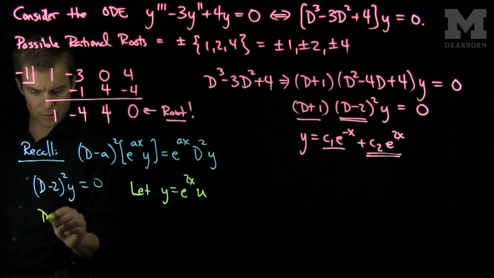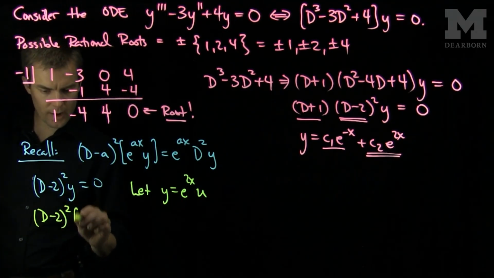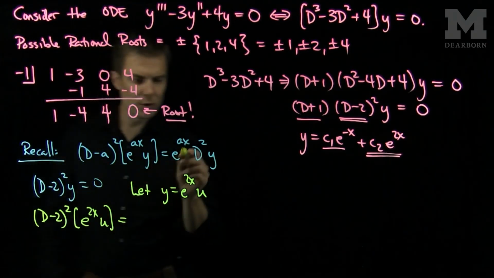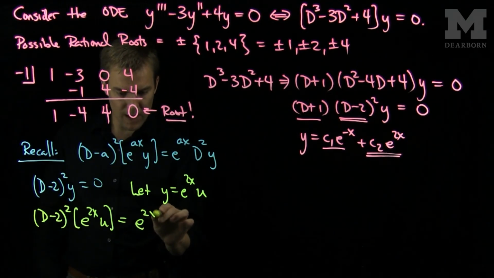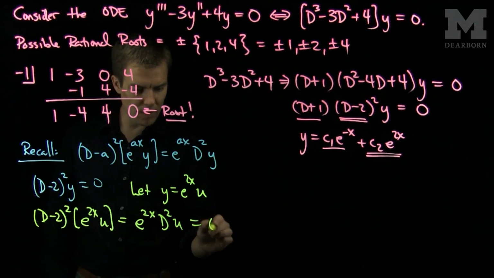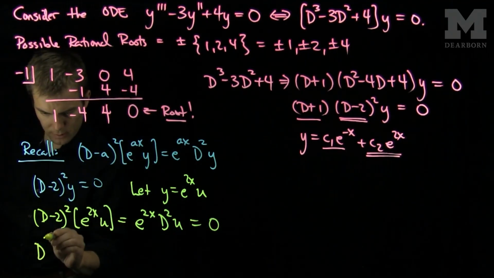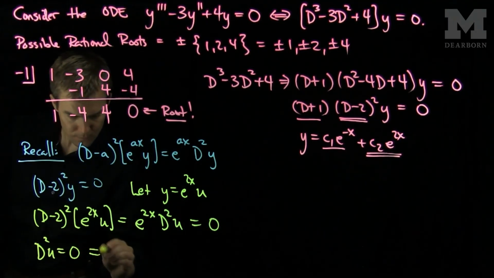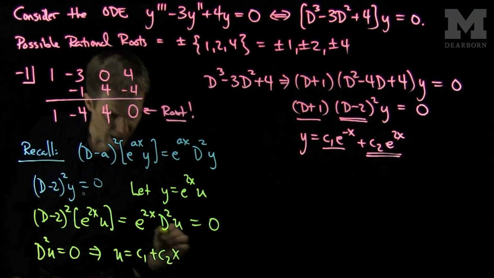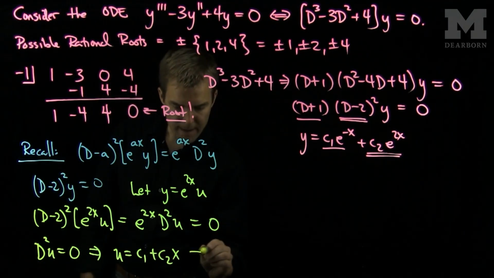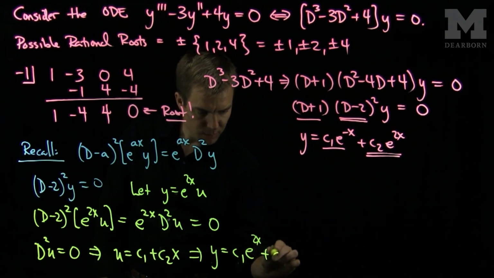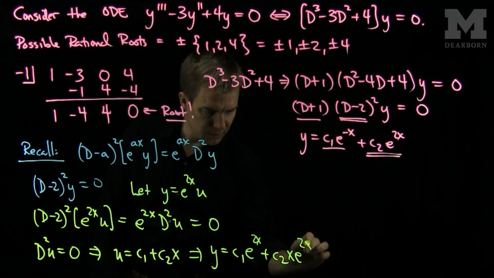And if we did so, this would turn into D minus 2 squared applied to e to the 2x u, which our rule would tell us is e to the 2x D squared u, and by assumption this is equal to 0, which tells me that D squared u equals 0, or that u is equal to c1 plus c2 x, and therefore y will be c1 e to the 2x plus c2 x e to the 2x.